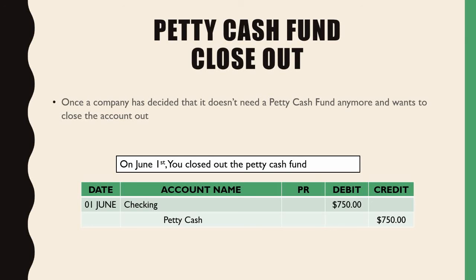A great example, and we will look into it when we do our exercises, is that a petty cash fund in a sense is like having a cash register. You need money in the cash register, so you need to pull that money from a checking account and fill the cash register, so when you're dealing with your customers, you give them their change back.